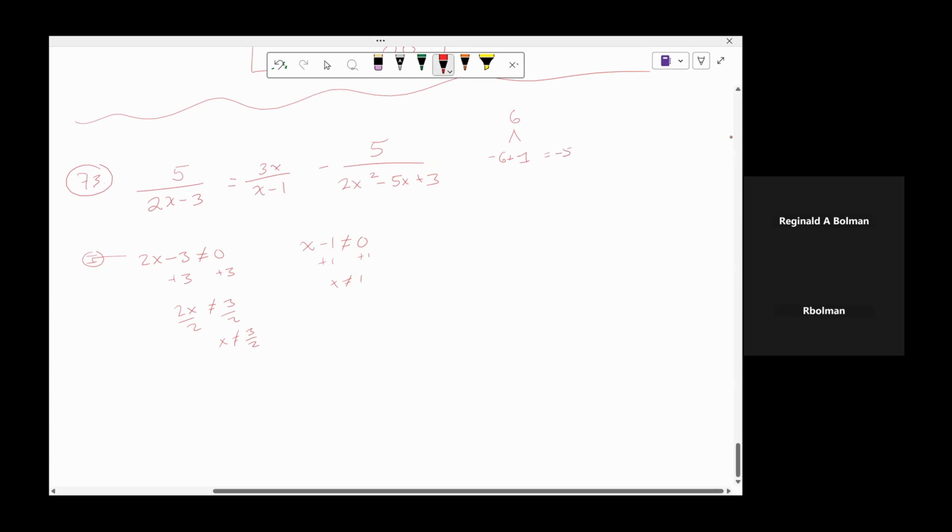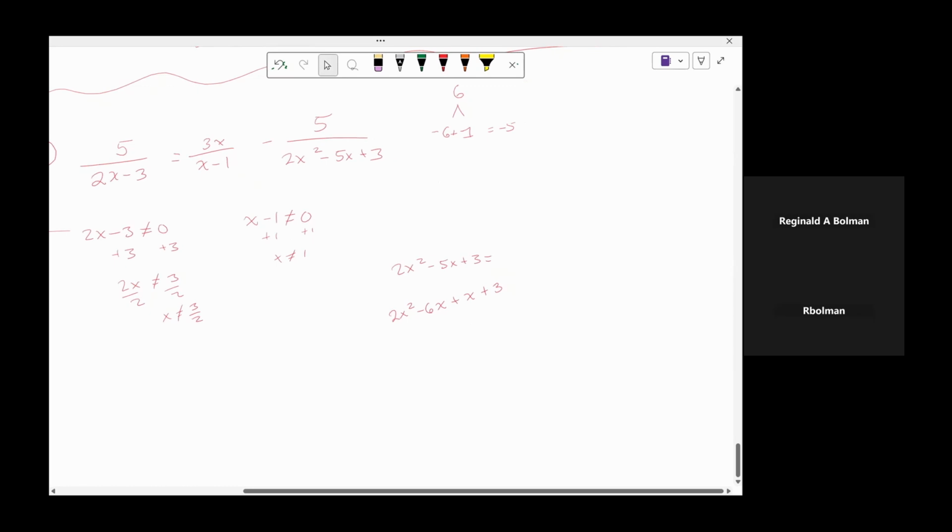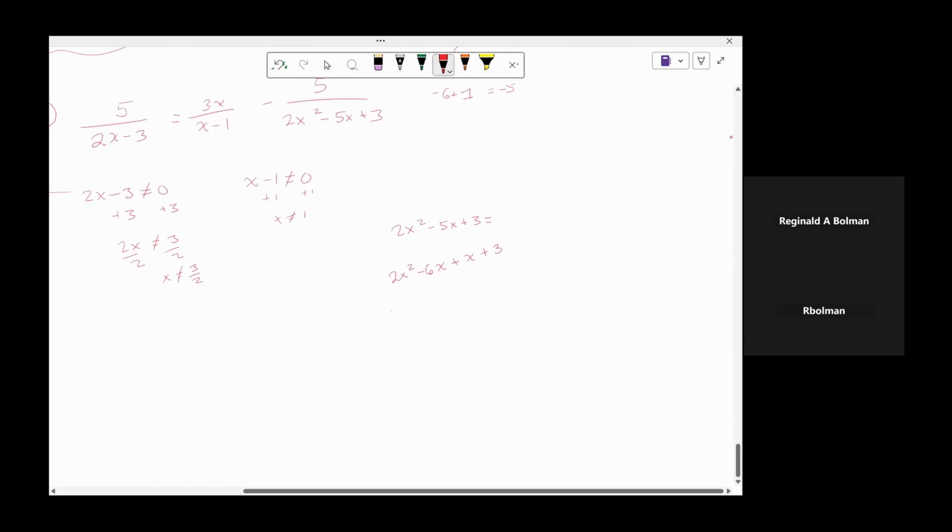So we may expand out 2x squared minus 5x plus 3 using factor by grouping to 2x squared minus 6x plus x plus 3. And then we could take out a 2x and an x minus 3, and you just would be left with x plus 3, though.